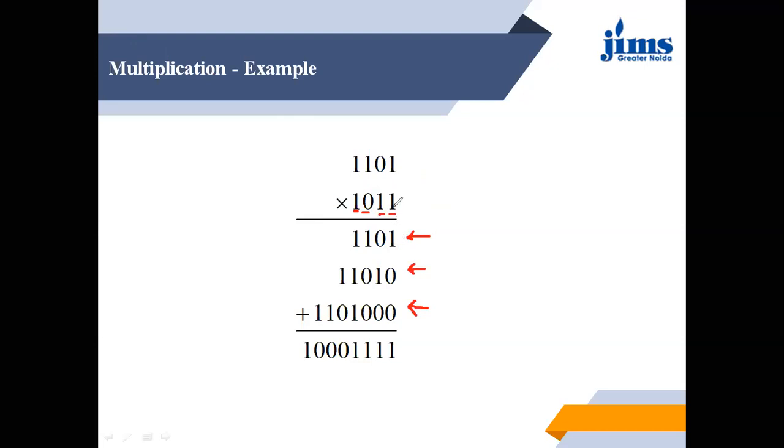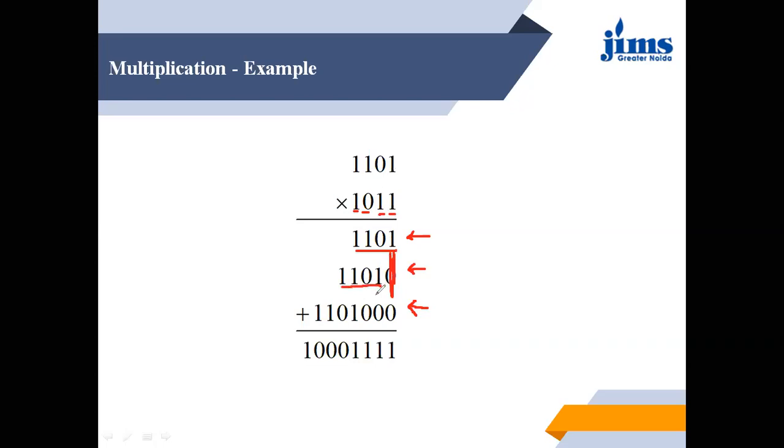You can see that 1 multiplied by 1 means the same number, and I am leaving this, shifting this. Again 1 multiplies, so this is also the same.